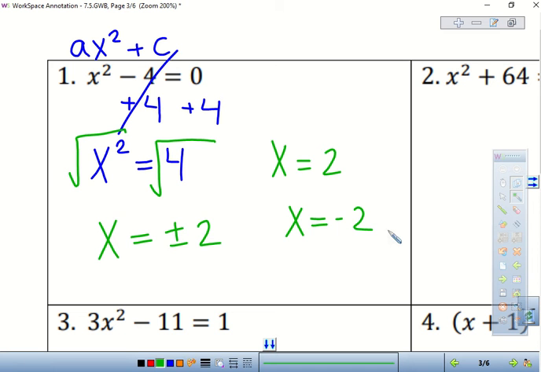So what is negative 2 to the second power? 4. It makes it positive, right? So isn't it true that we could plug a negative 2 in here and still get 4, which would make it a true statement? Hence why we need to have a plus and a minus solution. And you'll notice this happens when you solve with square root methods. So is everybody good with example 1?